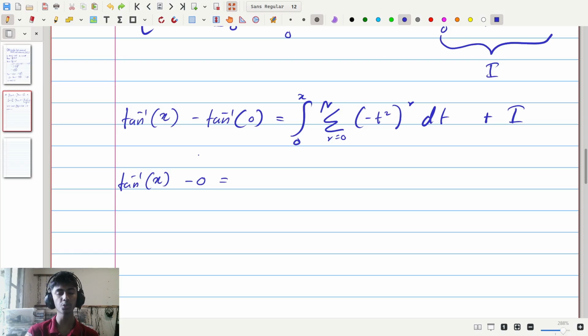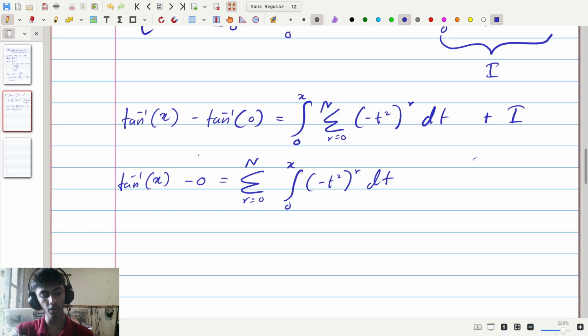It is possible that you change something when you do this thing, but for now, since r and t are independent, we should have no problem swapping these two symbols. Doing so, what we can do is then write this as the sum from r equals 0 up to n of the integral from 0 to x of each of the terms negative t squared to the power of r dt. And then on the side we need to add the integral I.